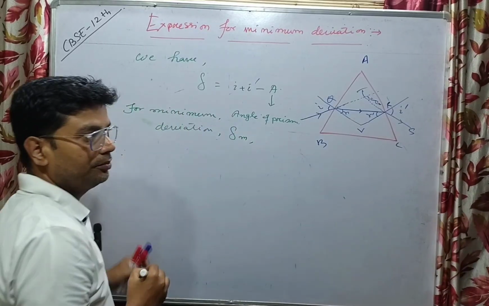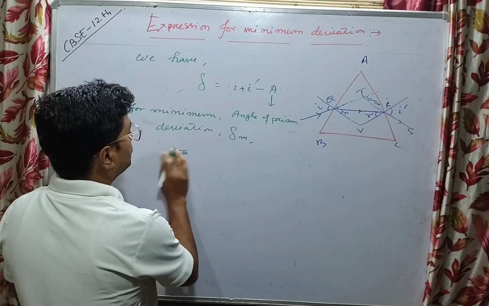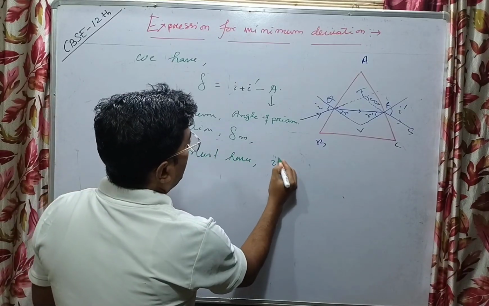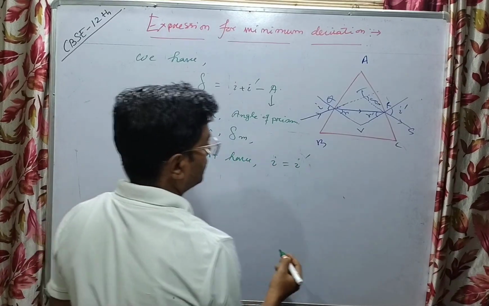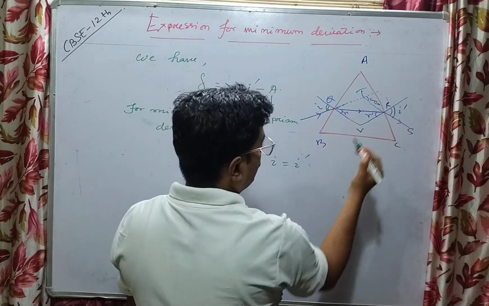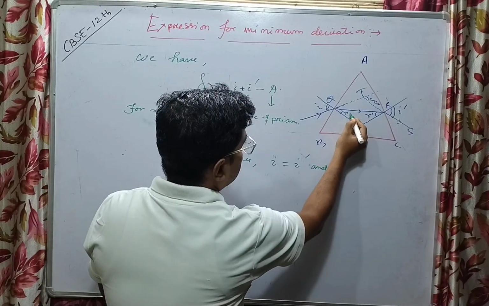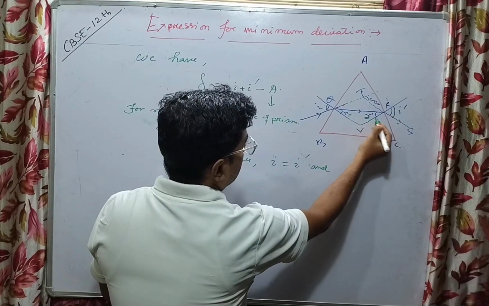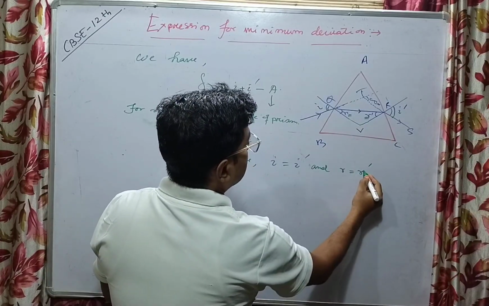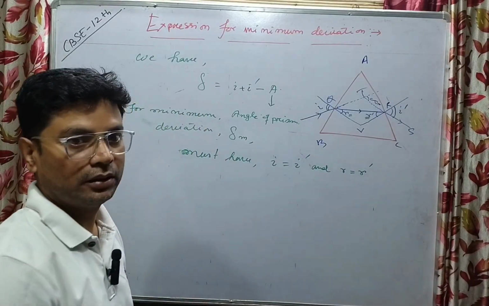This is the angle of minimum deviation, and we must have I equal to I dash. For minimum deviation, the incident angle must be equal to the emergent angle, and this angle must also be equal to this angle: R equal to R dash. This is the requirement for the minimum deviation of the angle.